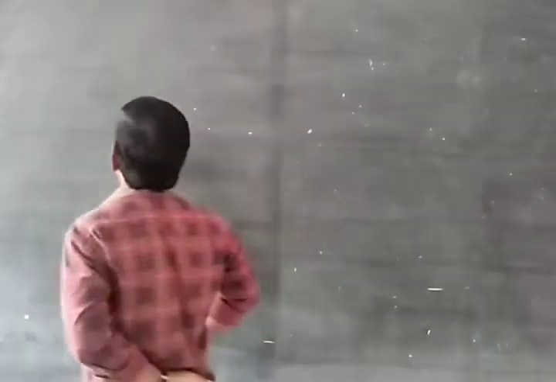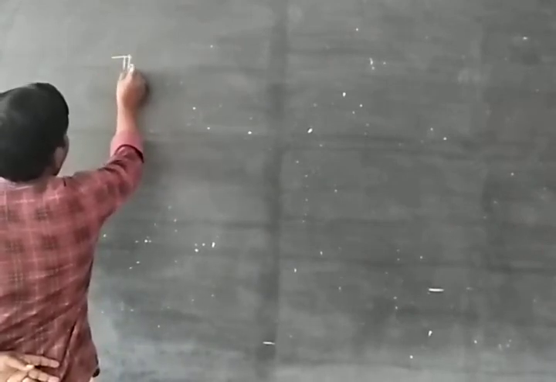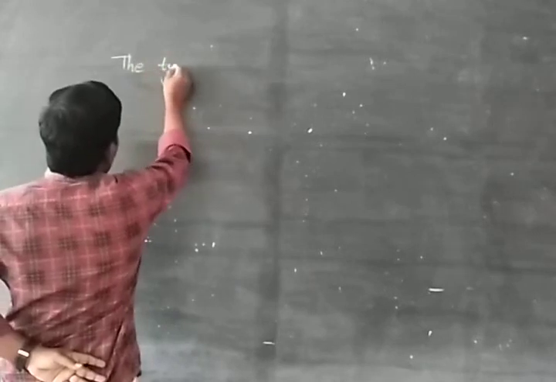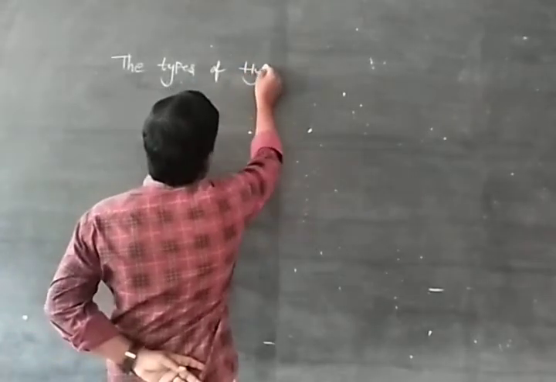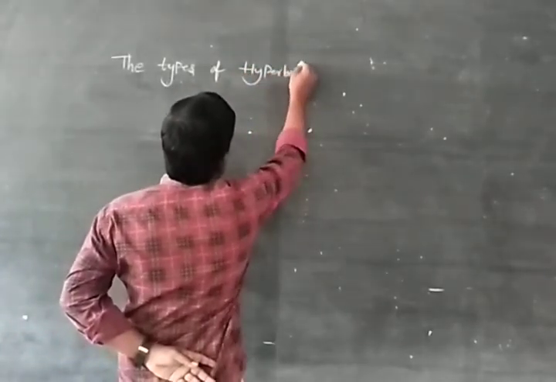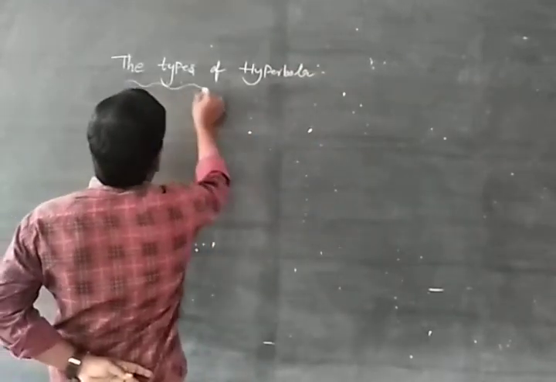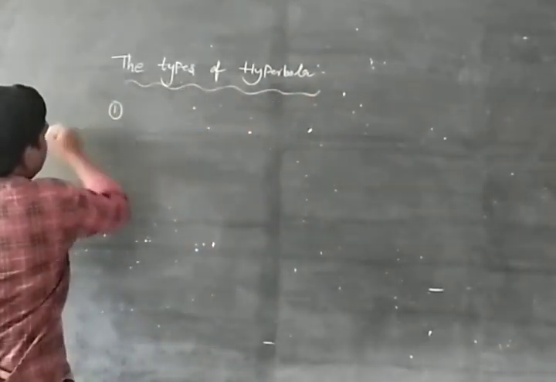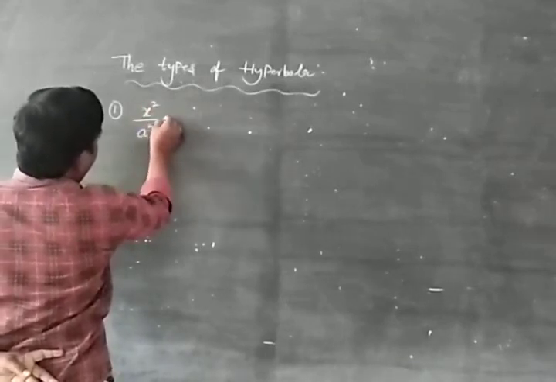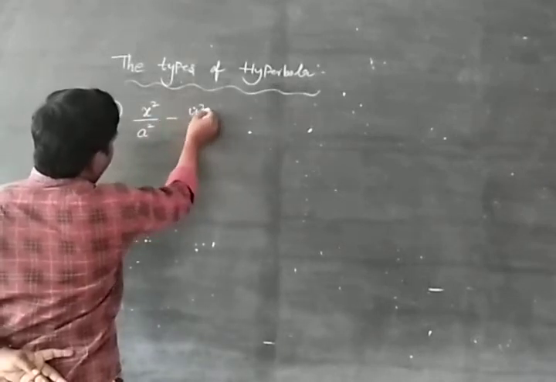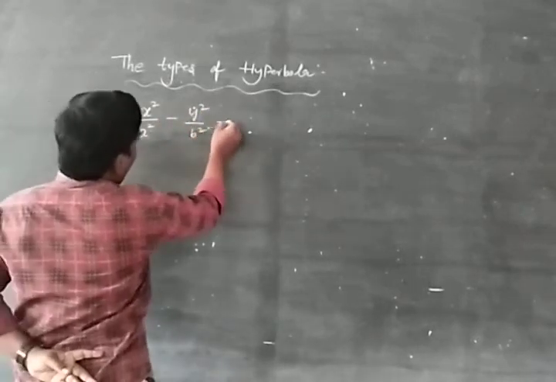In the previous class, we discussed the standard form of hyperbola, and now let us discuss the types of hyperbola. The first one is the standard form x square by a square minus y square by b square equal to 1.